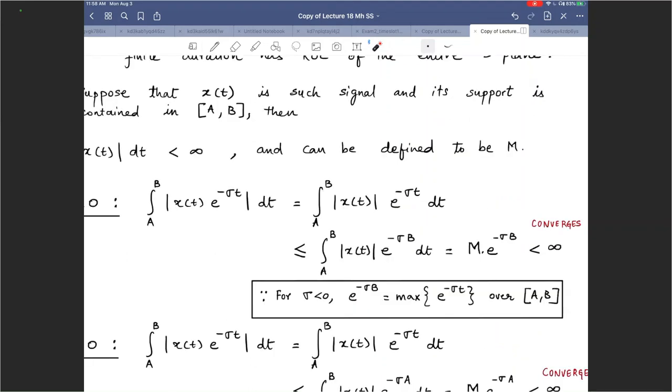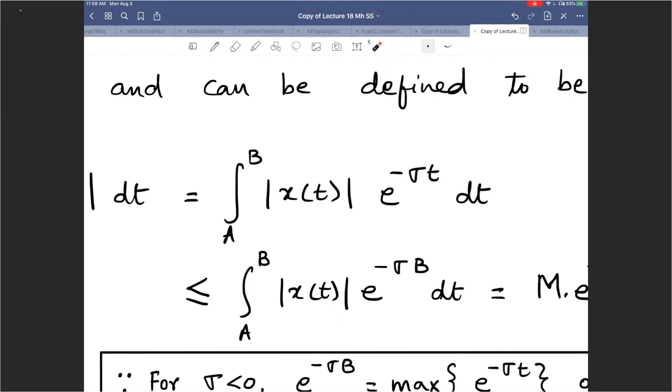Now, your time is going from a to b. What would be the maximum value of e to the minus sigma t? The maximum value. Your time starts at a, your time stops at b, and you're integrating the function. Obviously, when you are integrating, you are accumulating, and this function is always greater than 0, right?